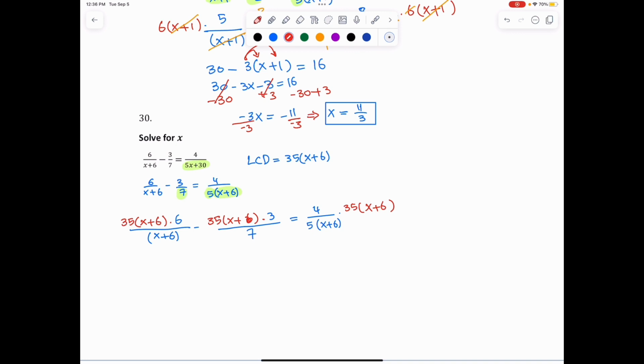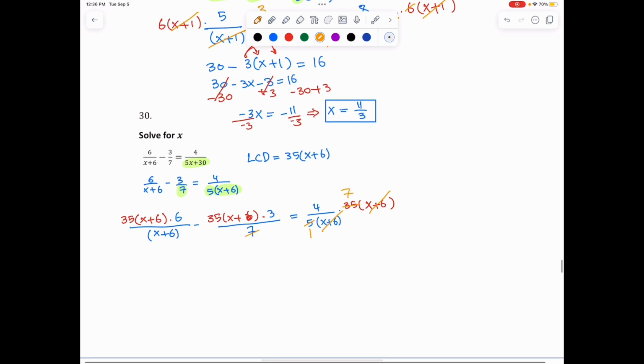Remember, when we multiply, we only multiply the numerator. We do not multiply the denominator. So now I see these will cancel. I can reduce 5 with 35, gives me 7. And I can reduce 7 with 35 gives me 5, and these will cancel together.